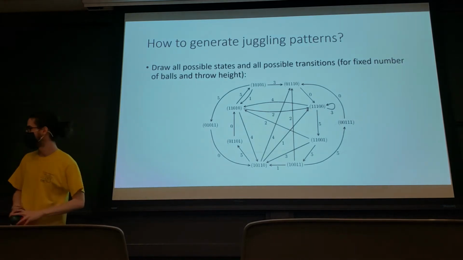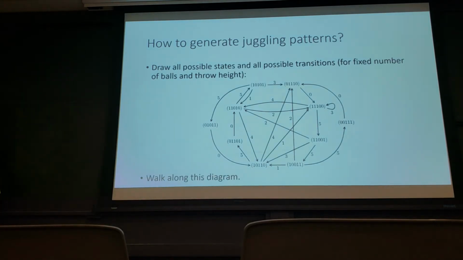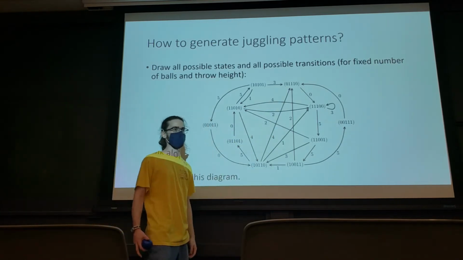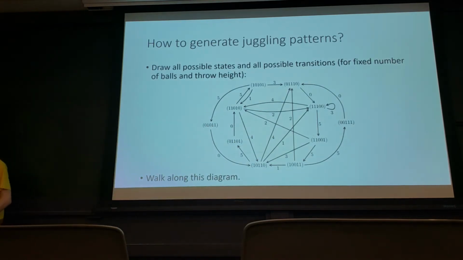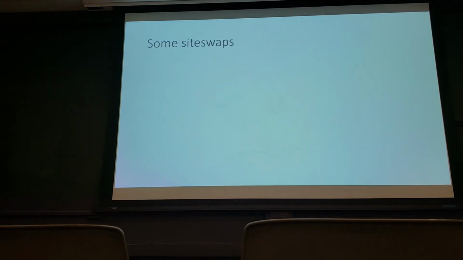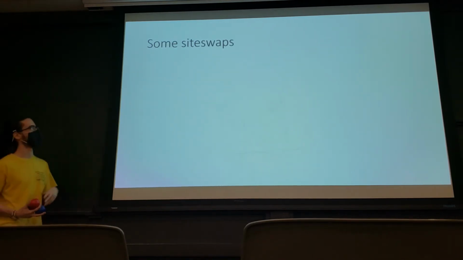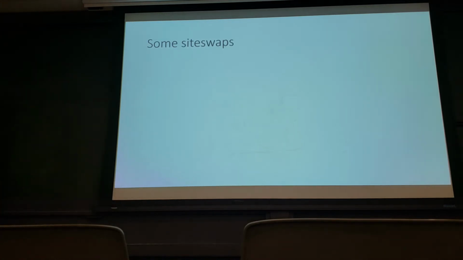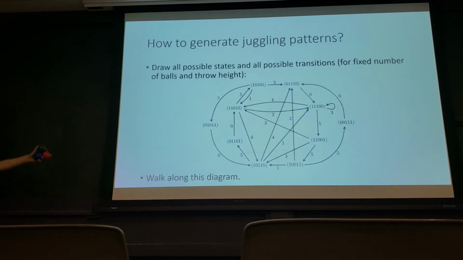And so the way to generate any juggling pattern is to draw this diagram and then walk along the arrows until you end up back where you started. This notation is called siteswap. These numbers are called siteswaps. If we look at this diagram, we can get a computer to read off all the siteswaps, all the different cycles.